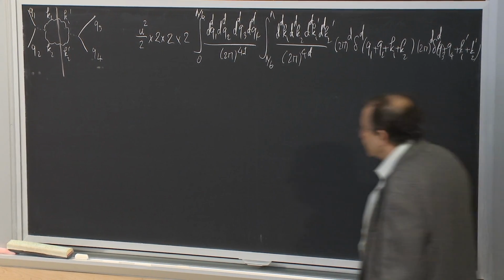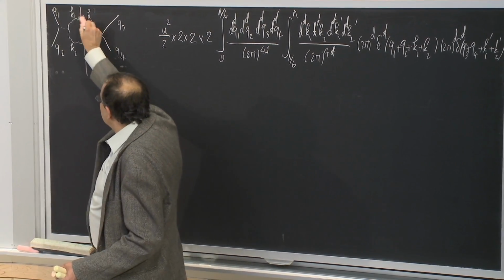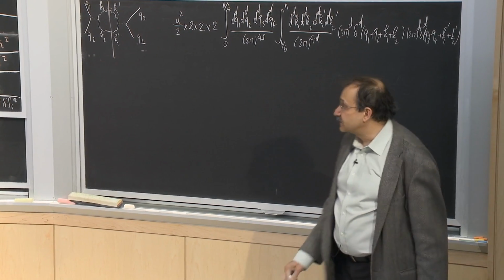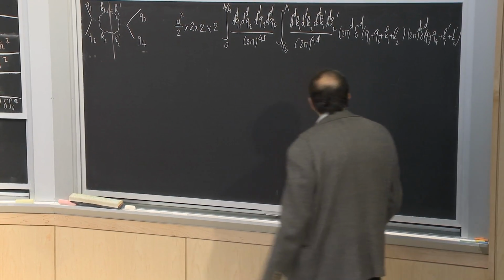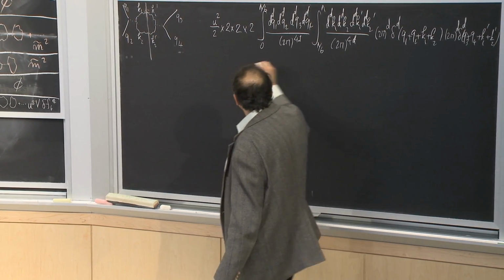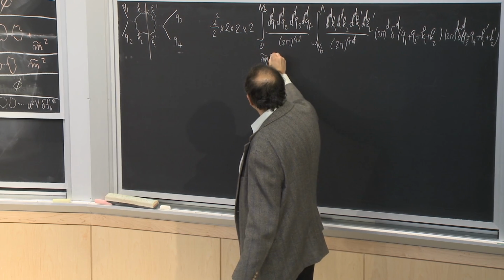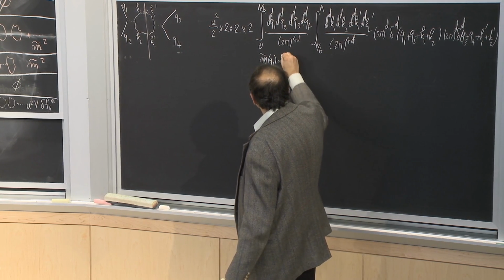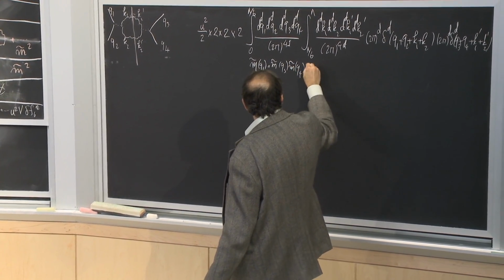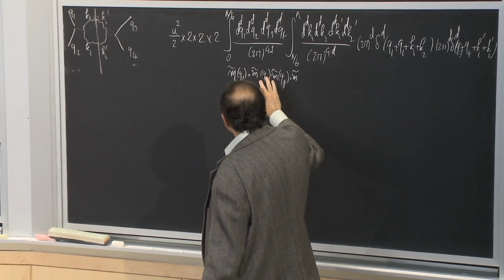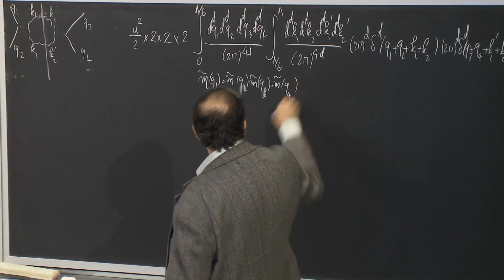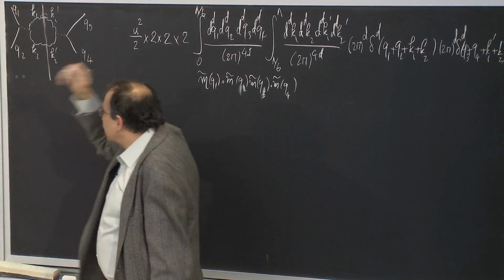Now what I did was to join these two sigmas together. Actually, before I do that, I note that these pairs are dotted together. So I have m tilde of Q1 dotted with m tilde of Q3, m tilde of Q4 dotted with m tilde of Q2. These two are a dot product, these two are a dot product.